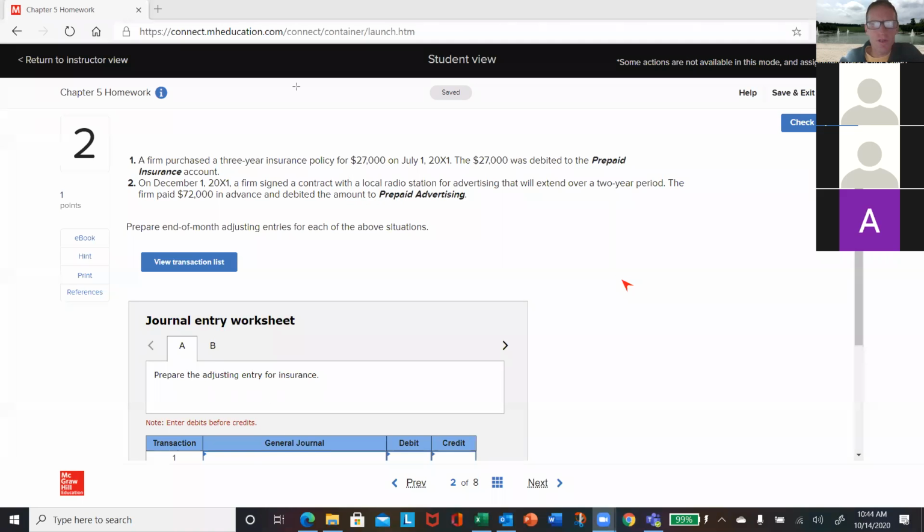So if we took 27,000 and divided that by 36 months, you get 750. That would essentially be your monthly insurance expense.